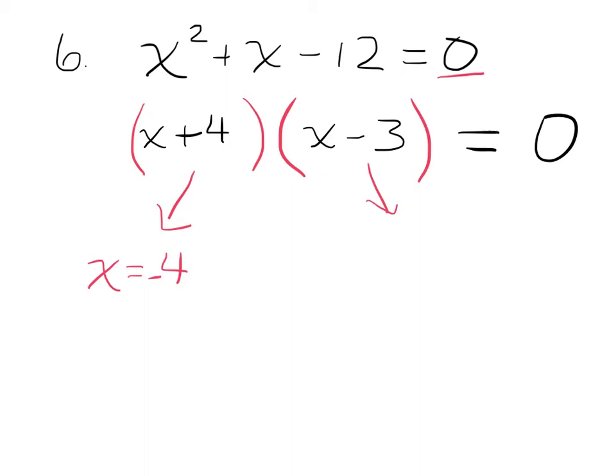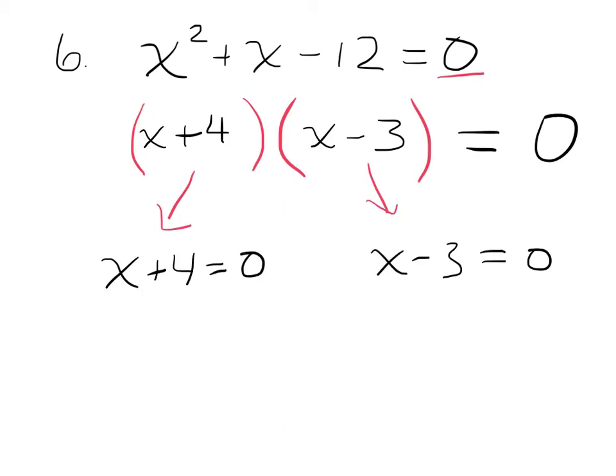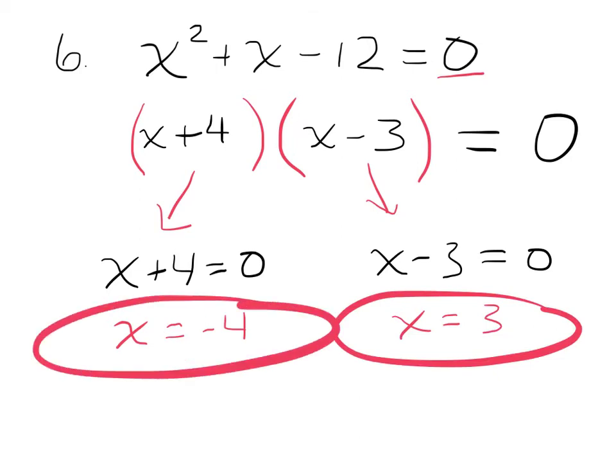Let's set x plus 4 equal to 0 and x minus 3 equal to 0. And when I solve those, I end up with x equals negative 4 and x equals a positive 3. Those are my solutions. Okay, I'm going to take a look now at number 7.